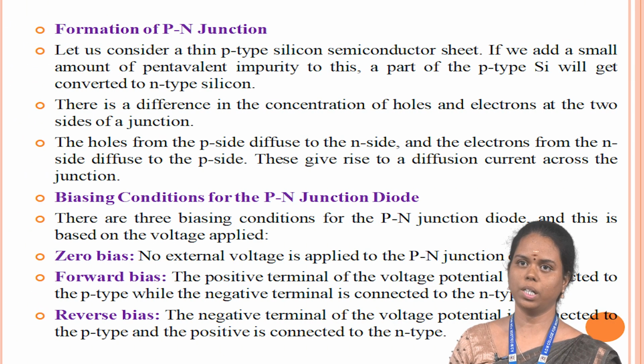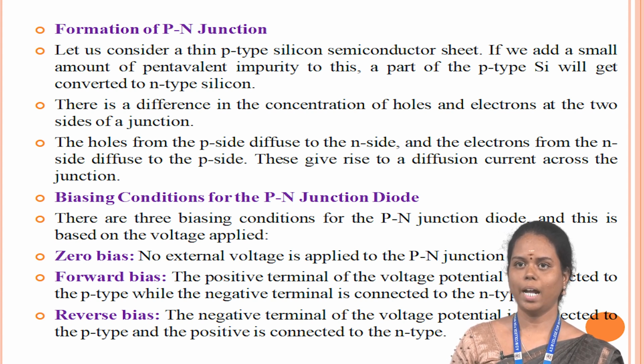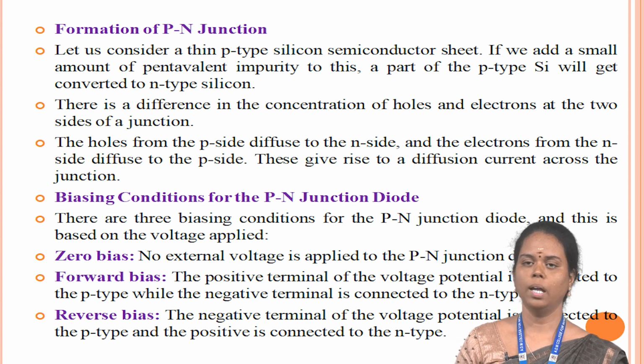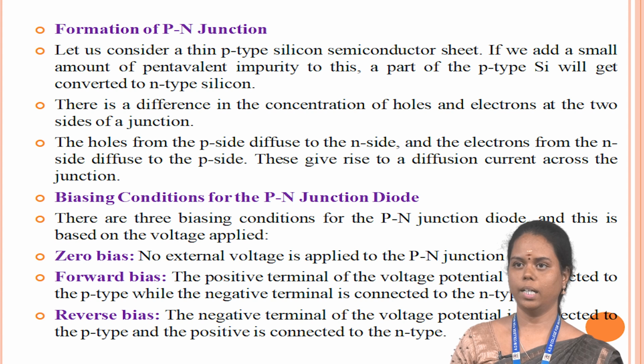Formation of PN junction. In a PN junction, there will be a grain boundary that would inhibit the movement of electrons from one side to another by scattering, and the process of doping is used to create it. Let us consider a thin p-type silicon semiconductor sheet.